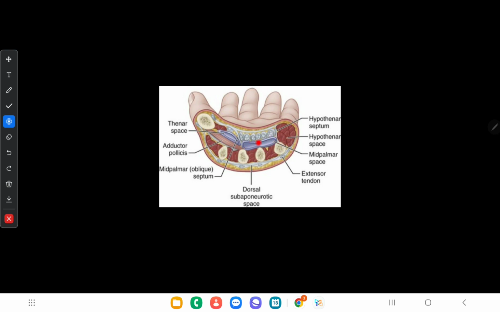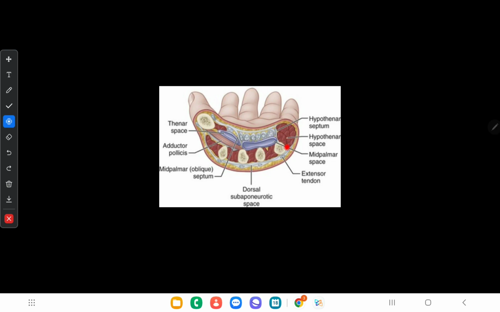The mid-palmar space lies behind the long flexor tendons and ulnar bursa in the palm, and in front of the third, fourth and fifth metacarpals with their attached interossei muscles.